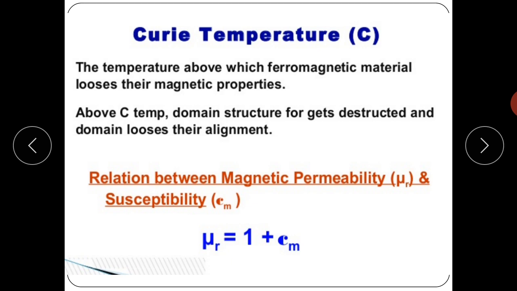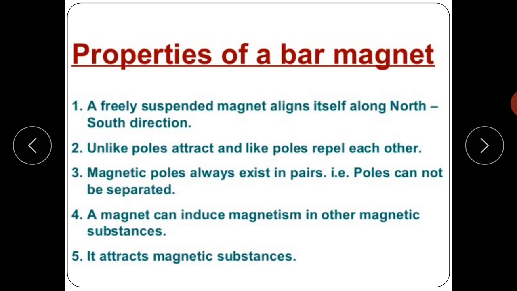Above the Curie temperature, the ferromagnetic material loses its magnetic properties, the domain structure gets destroyed and domains lose their alignment. The relation between magnetic permeability and susceptibility is μr is equal to 1 plus χm.